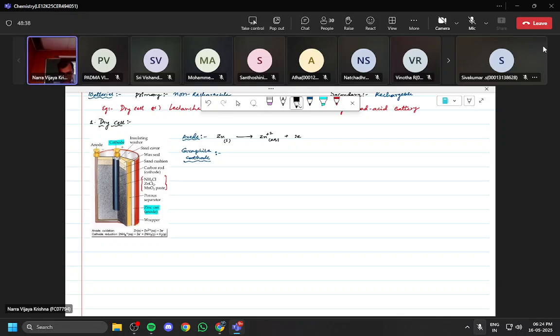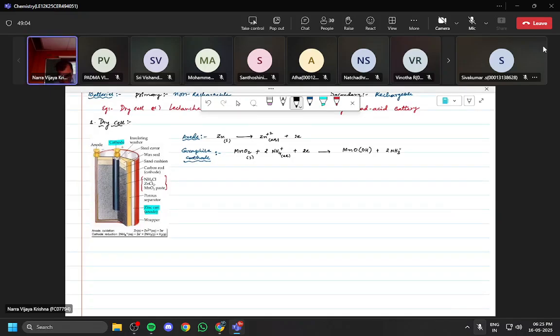So there, MnO2 reacts with NH4+ and 2 electrons to form MnOOH plus 2 moles of ammonia.